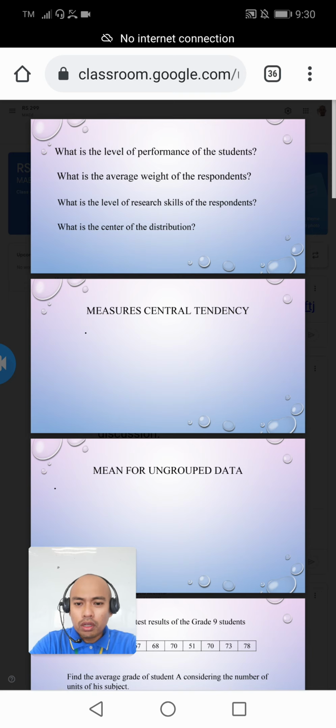Before we formally start my next lecture, I would just like to give a short review with regards to the lesson presented last meeting. As I was saying a while back, we have already discussed the frequency distribution table. This is one way of presenting our data through tabular presentation.